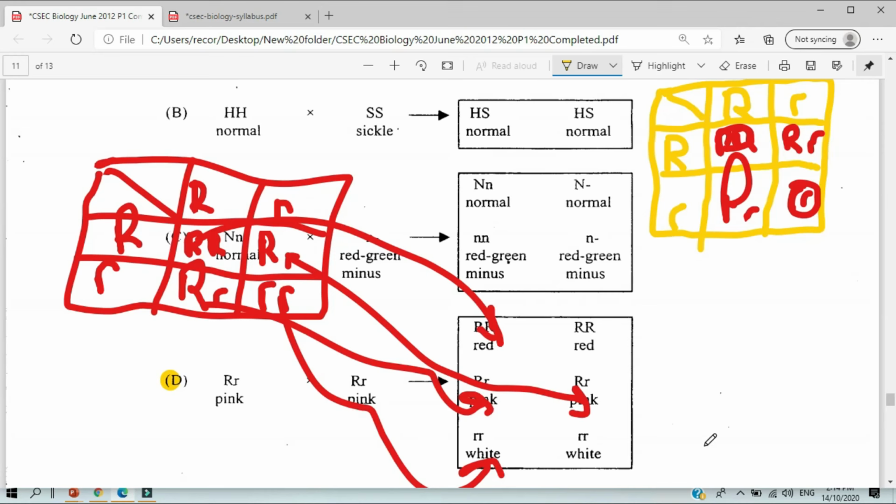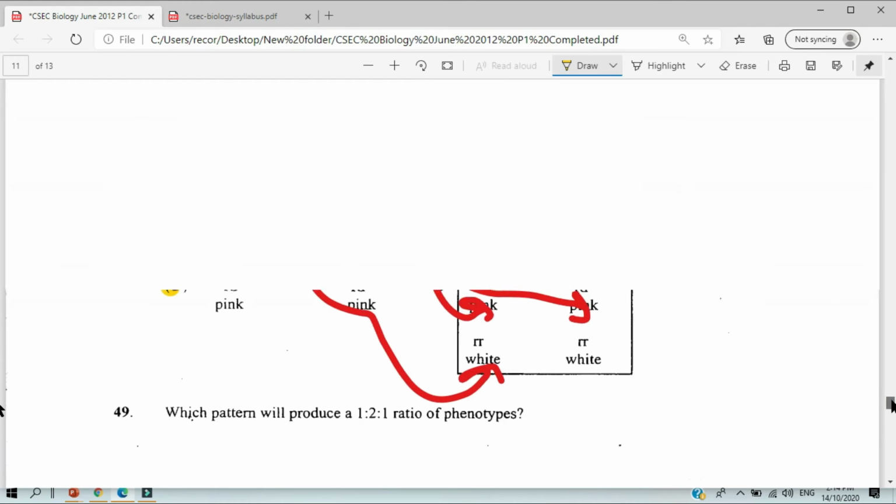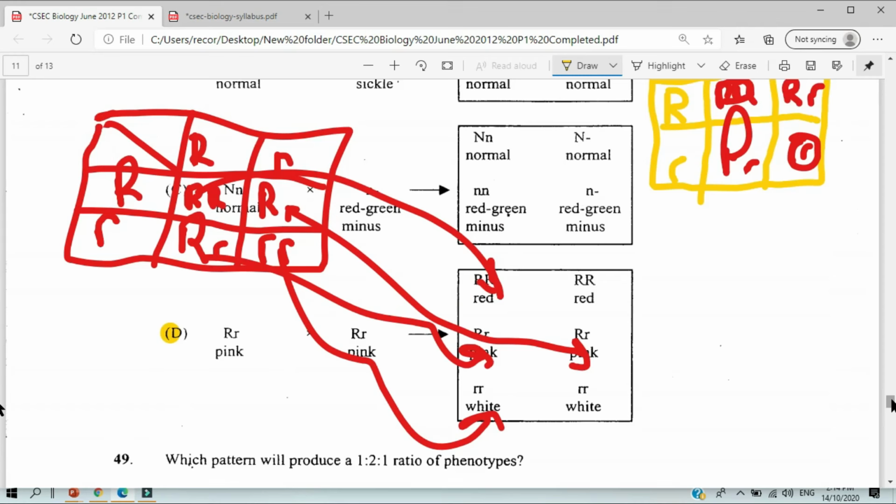For D, you are going to be getting the ratio, as it said in the question, 1 to 2 to 1. So what pattern will produce a 1 to 2 to 1 ratio in the phenotype? Now remember, the phenotype is that which you can see.